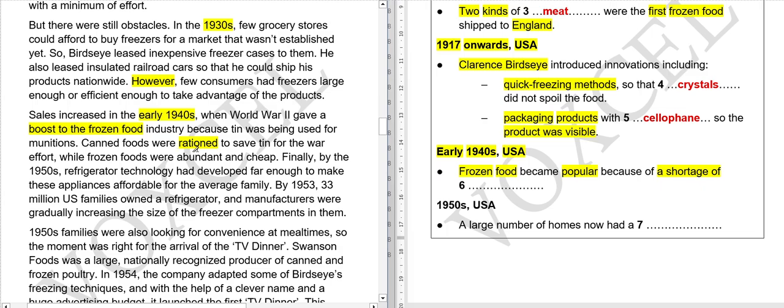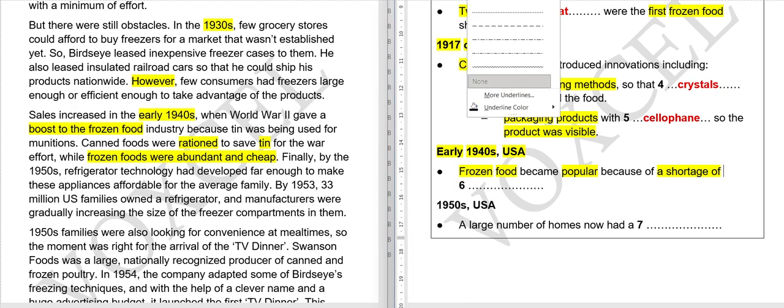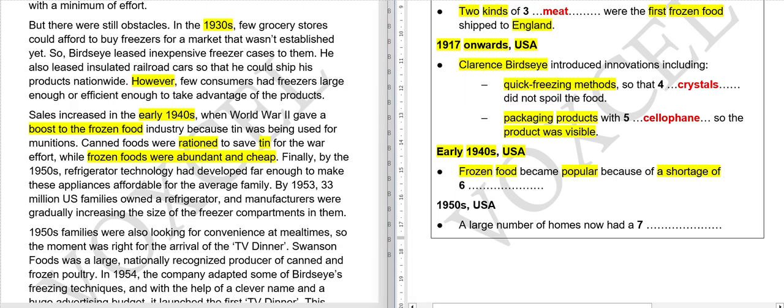Canned food were rationed to save tin. If something is rationed, there is basically saving of something. So the effort, while frozen foods were abundant and cheap. Again, I'm going to give you 5 seconds to identify and mark the answer, and your time starts now.